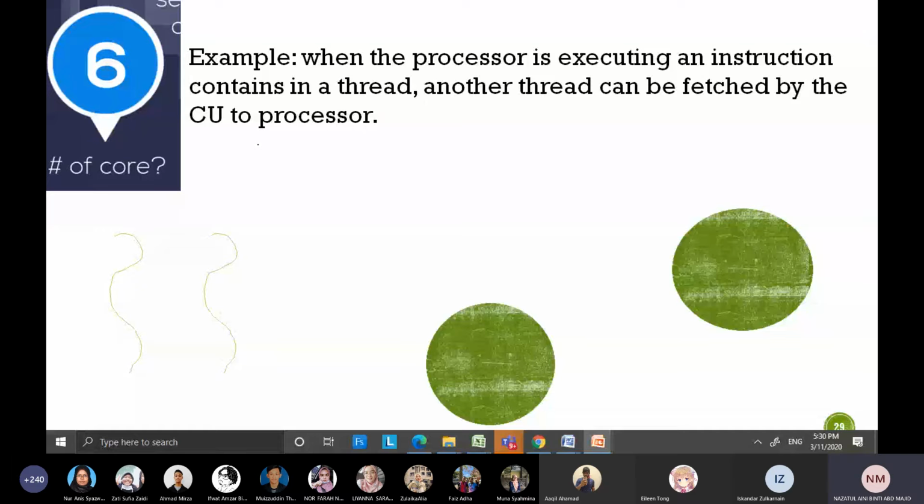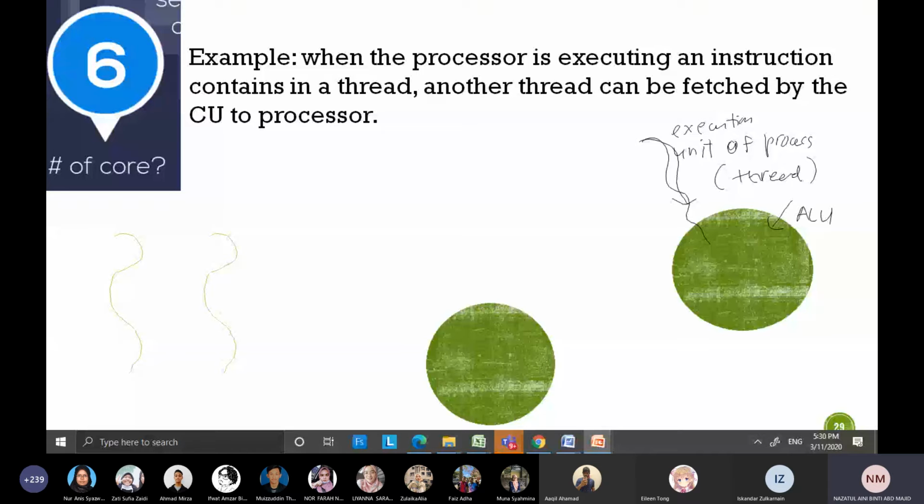This is an example that I showed just now. For example, this is the thread here, a unit of execution, a unit of process, or we call it a thread, is executed by the ALU, for example.